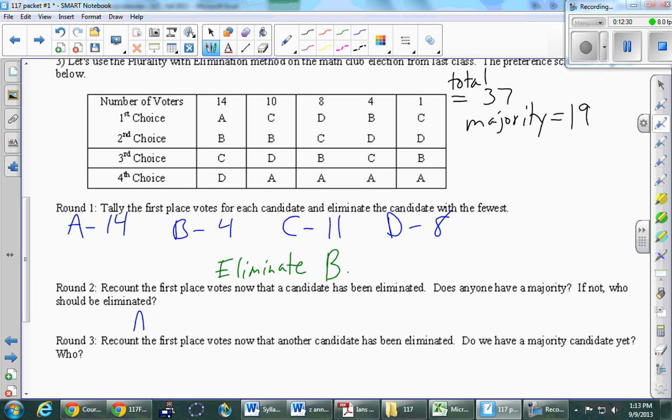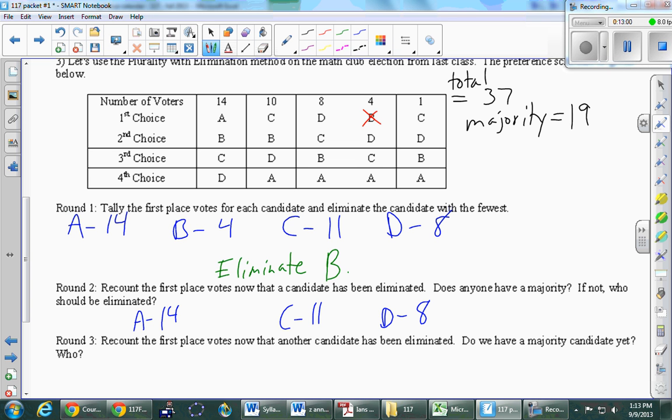We're recounting the votes, so you can copy this part, A, C, and D. We just have to recount the votes. So if B goes away, then these 4 votes aren't B's anymore. And so don't write this because it's wrong, but it's real easy to say, okay, B is gone, A has 14, C has 11, D has 8.